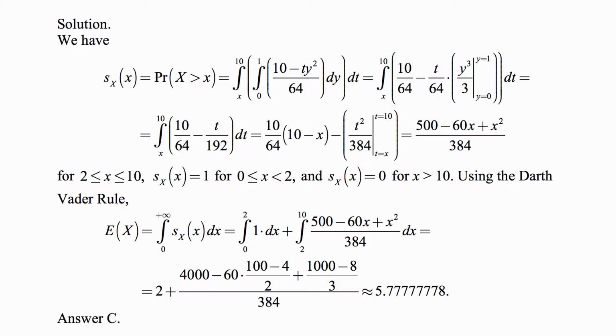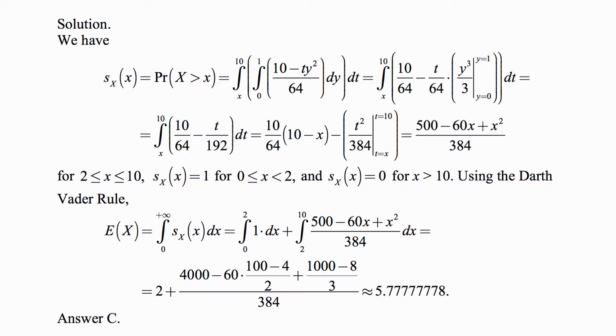Okay, so we do the integral with respect to y first, from 0 to 1. 10/64 is a constant. Its integral from 0 to 1 is just 10/64. And then we have t y squared over 64. And t/64 is just a constant with respect to y.